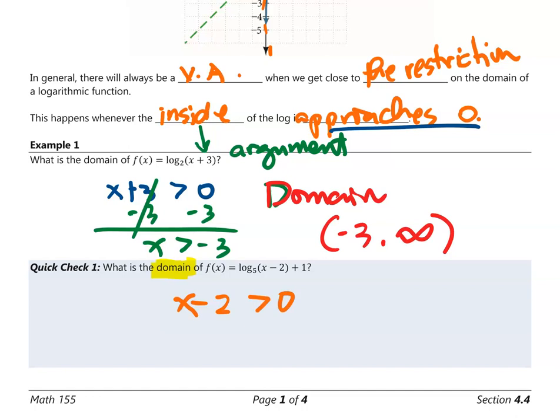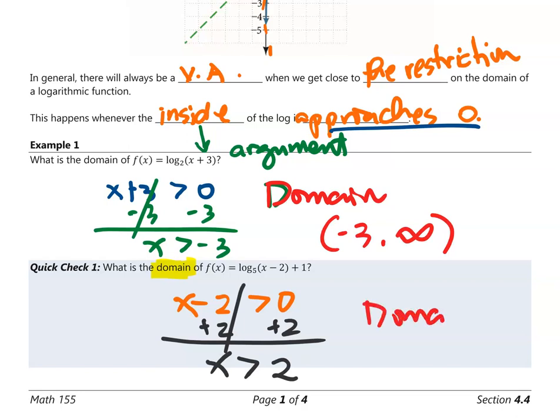So what we do here is add 2 to both sides. So x must be greater than 2. So the domain is from 2 to positive infinity. So if you notice, we only use the x minus 2 part here, and the plus 1 has no effect.